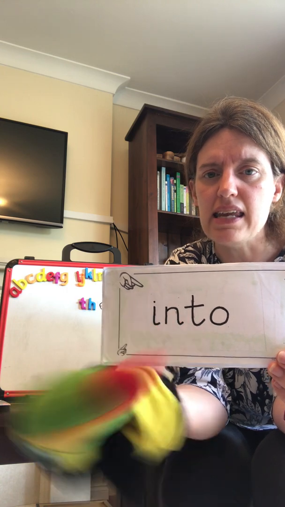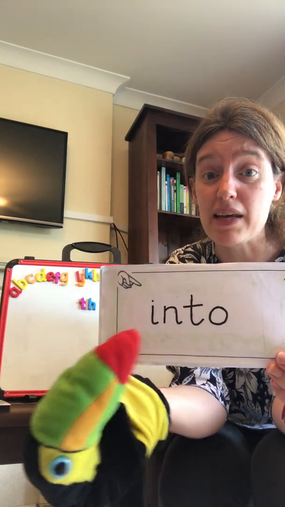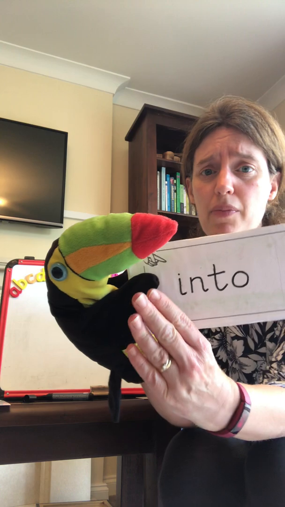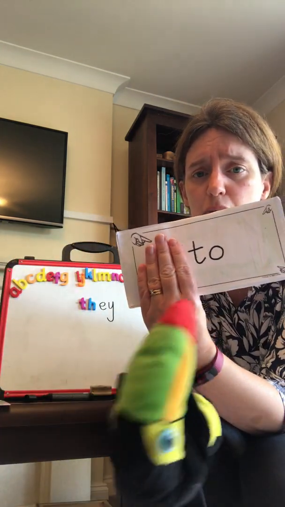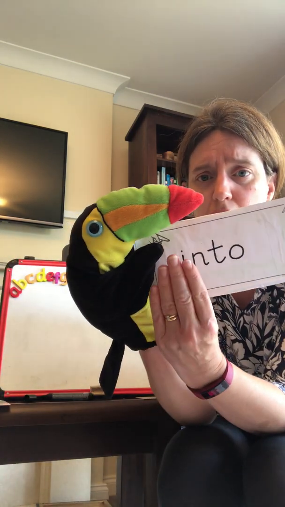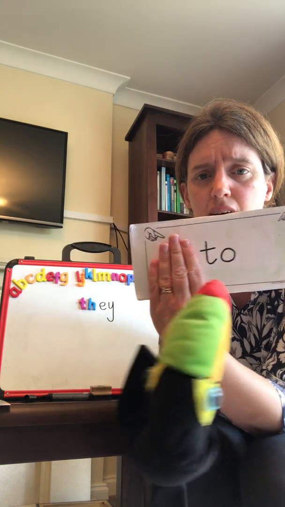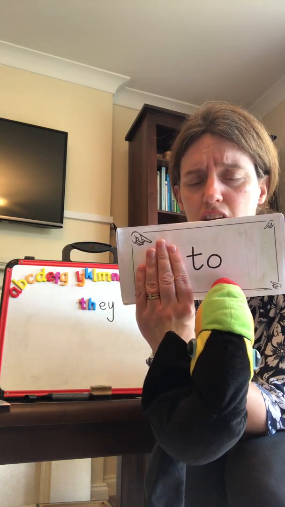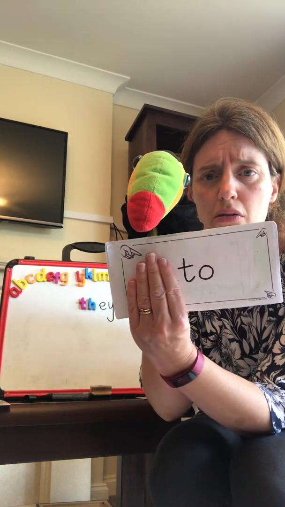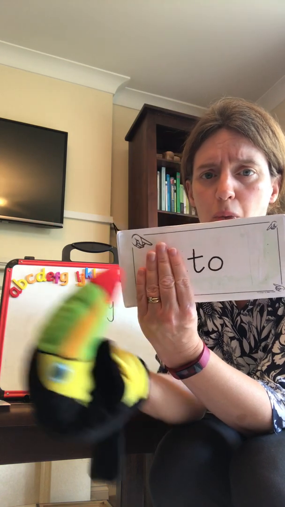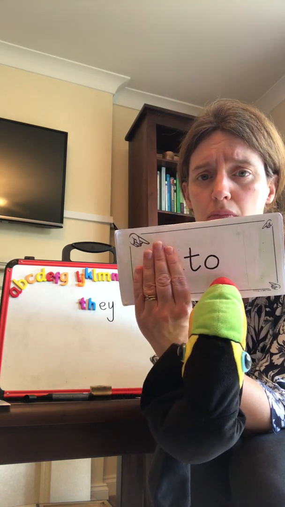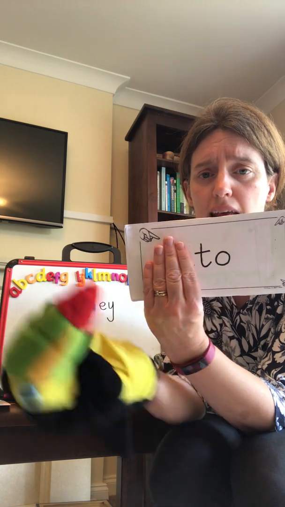In. So we know that bit says "in". Let's cover up that bit. In. We've got the "in" bit. That's hiding under my hand. In. What's this tricky word, Tricky Toucan? He's not sure. I bet we know. To. Let's put it together.